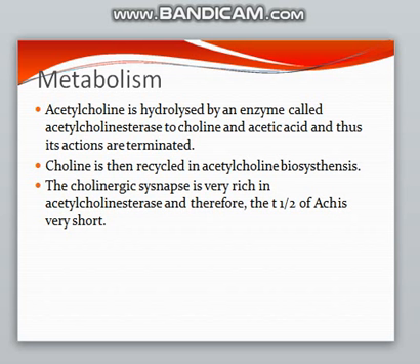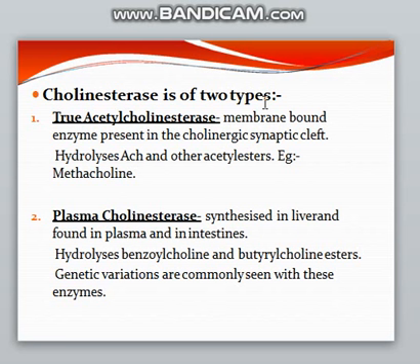Basically, cholinesterase is divided into true acetylcholinesterase and plasma cholinesterase. True acetylcholinesterase is basically a membrane-bound enzyme present in the cholinergic synaptic cleft, and hydrolyzes acetylcholine and other acetyl esters. An example of a substrate of true acetylcholinesterase is methacholine. The second, plasma cholinesterase, is synthesized in the liver and found in the plasma and in the intestines, and it hydrolyzes benzoyl and butyrylcholine esters.